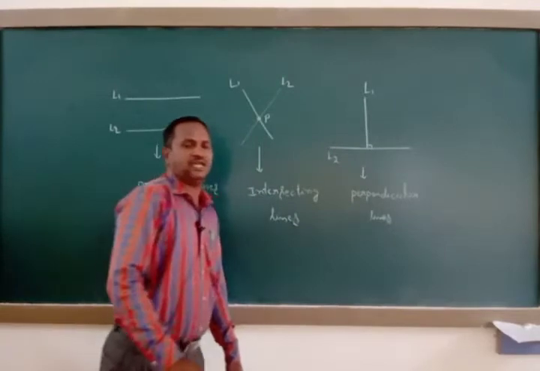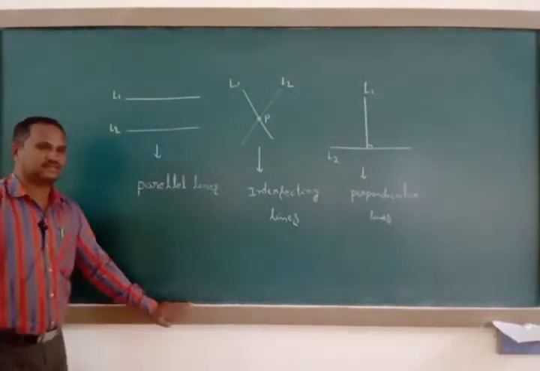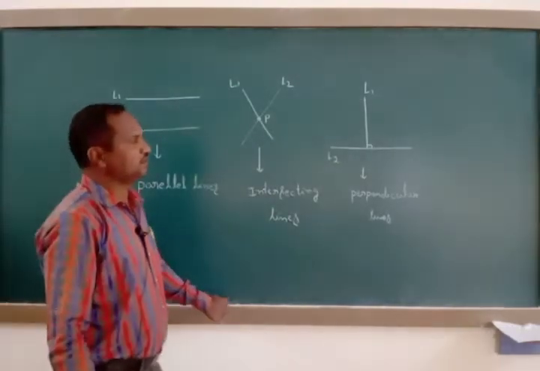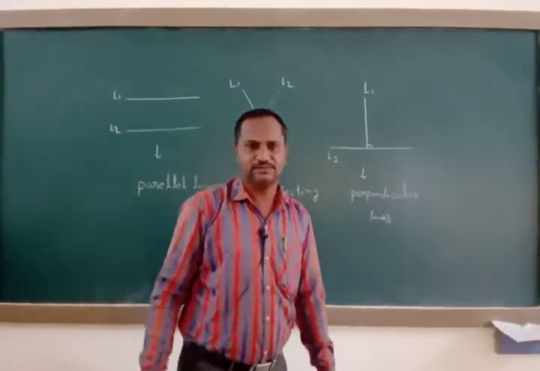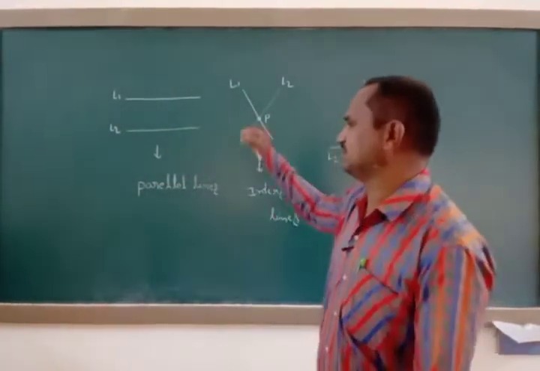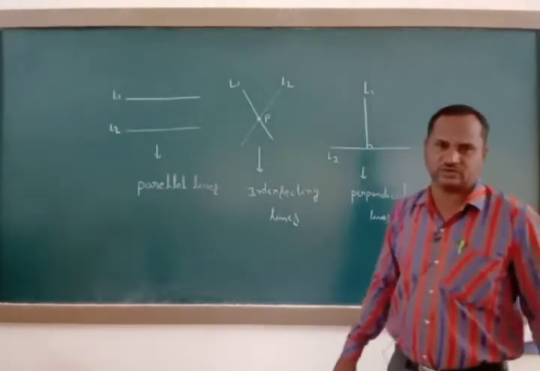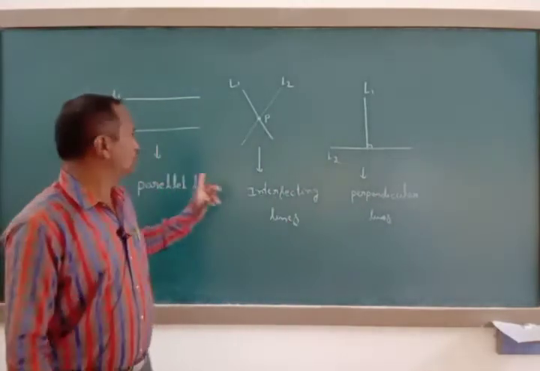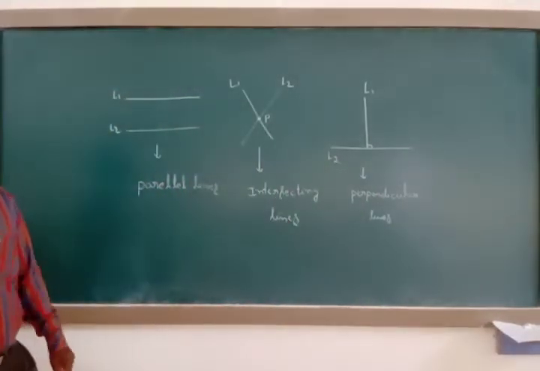Like that, we have seen these types of lines in planes, and also in two-dimensional geometry. At the same time, we can see all these lines in three-dimensional geometry also. But skew lines are different from all these three.